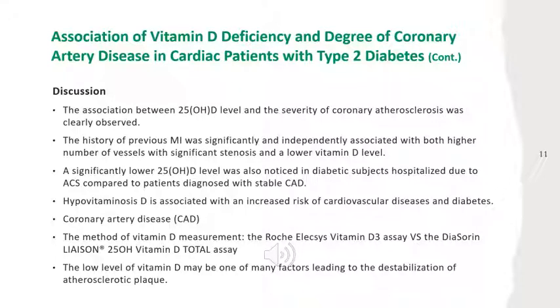Coronary artery disease is the most common complication of diabetes and the leading cause of death in this group of patients. The lower values of 25-hydroxy vitamin D concentration in this study in comparison to other studies may be associated with the method of vitamin D measurement.